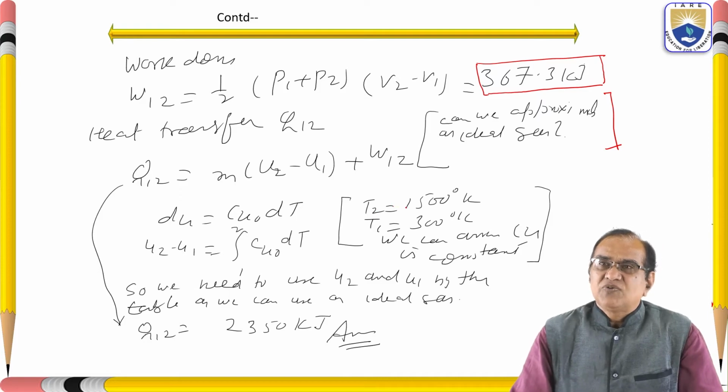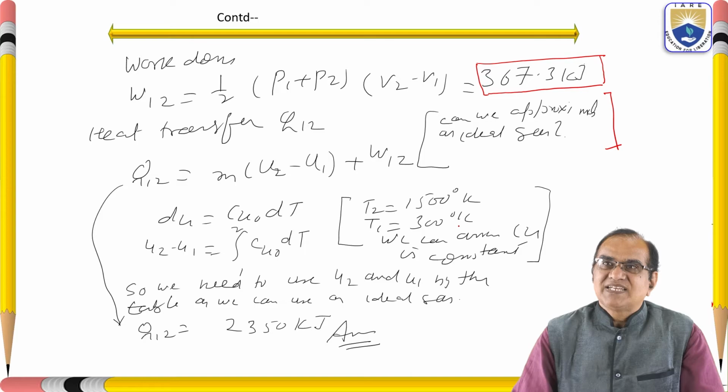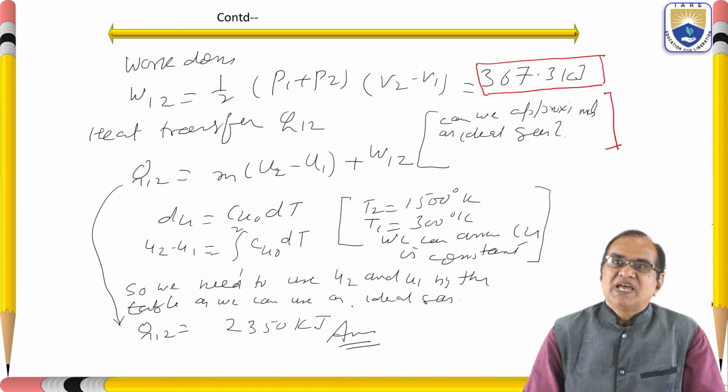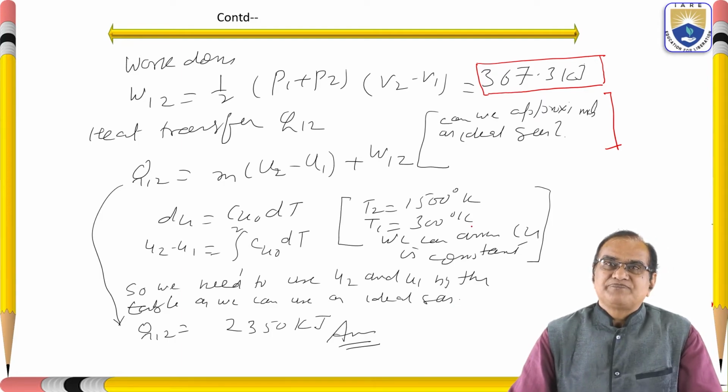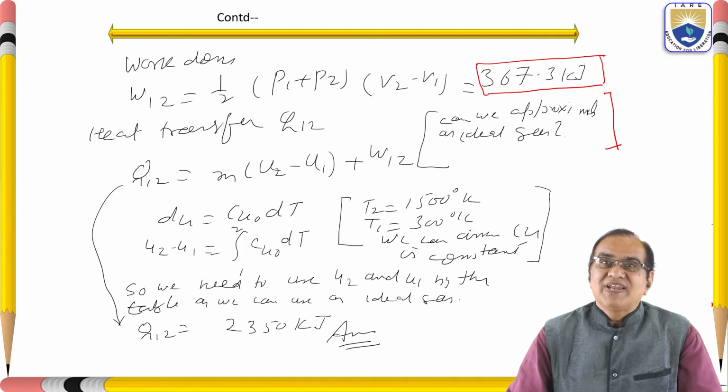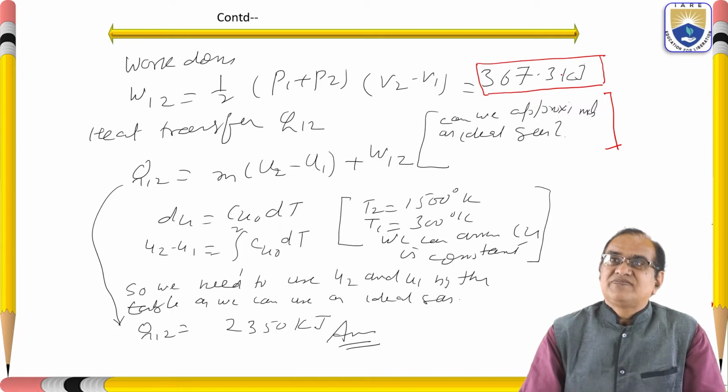Here T2 is 1500 degree centigrade and T1 is 300 degree centigrade. So we need to use U2 and U1 from the table, as we can use for an ideal gas. If you put in the value Cv, T2 minus T1, we will get Q12.